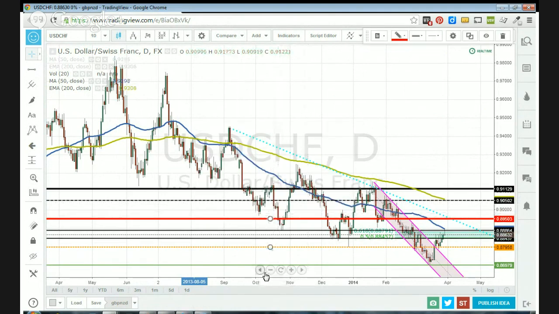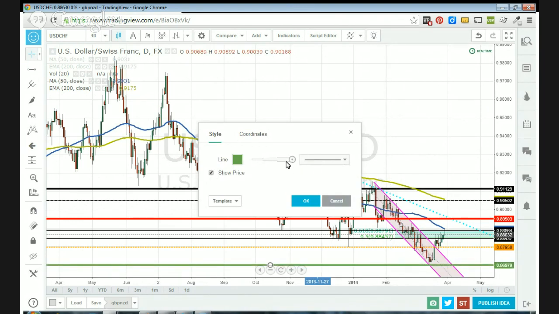Okay, so that's risking 64 pips, and we are looking to get 88.86. So we can lower this target a little bit. Oh, so this is still 3-to-1 reward risk with this setup here. Yeah. Okay, so there's the setup.